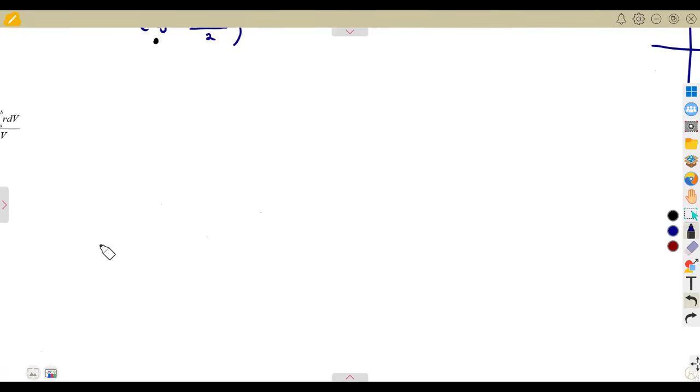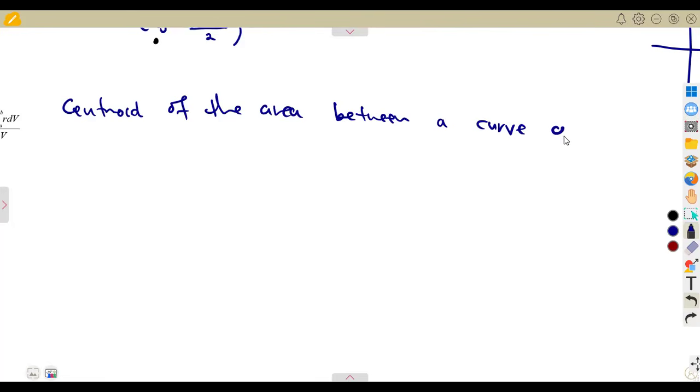Let's say I want to calculate the centroid of the area between the curve and the x-axis, all right? Let's start with the x-axis.